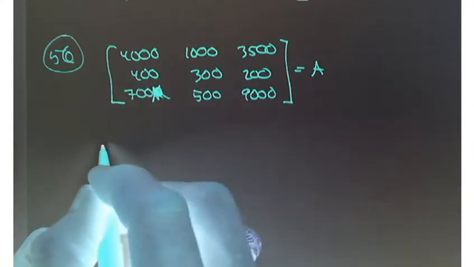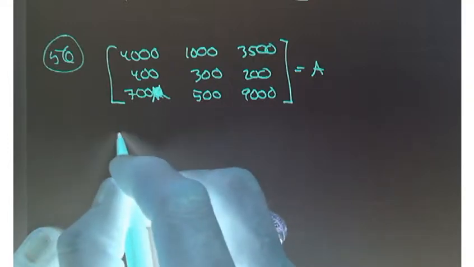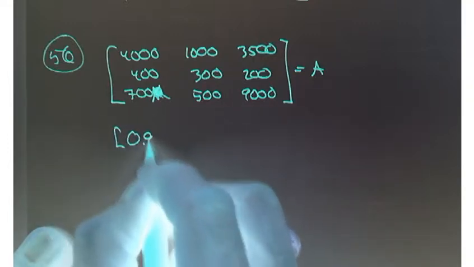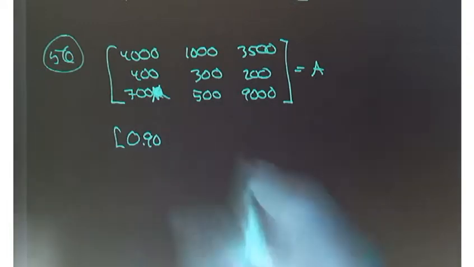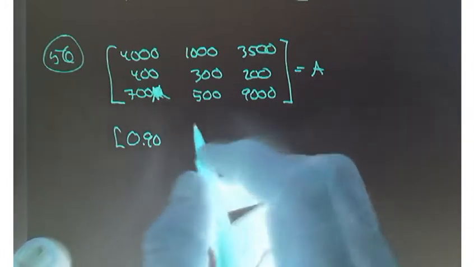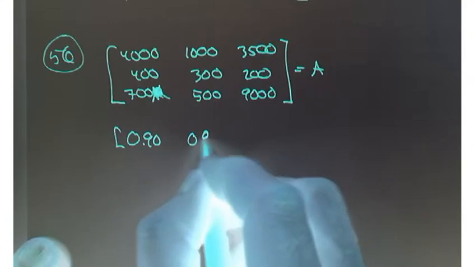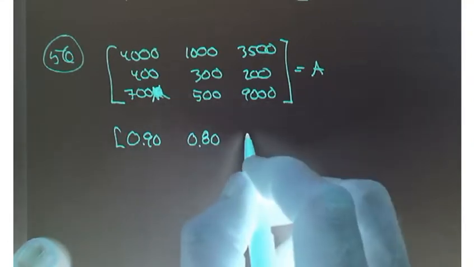Matrix B is how much each of these items costs, or sells for. We're going back to, I'm guessing, the early 70s, because your hamburgers cost 90 cents, your hot dogs cost 80 cents. Certainly they're not going to the Imagine Theater.